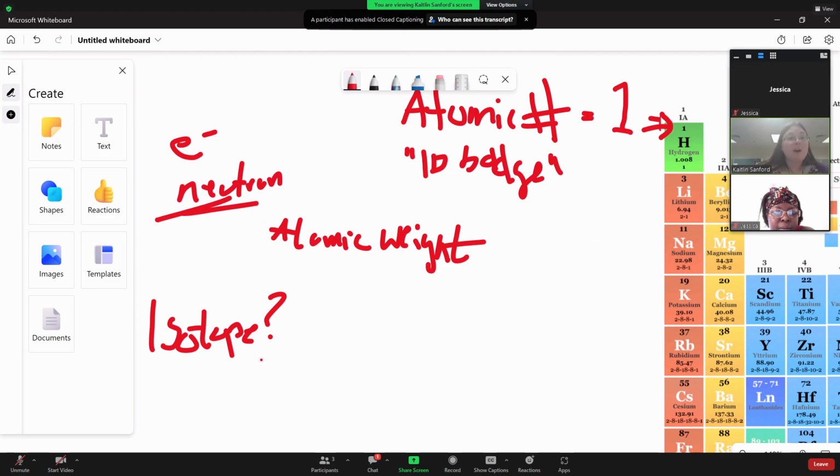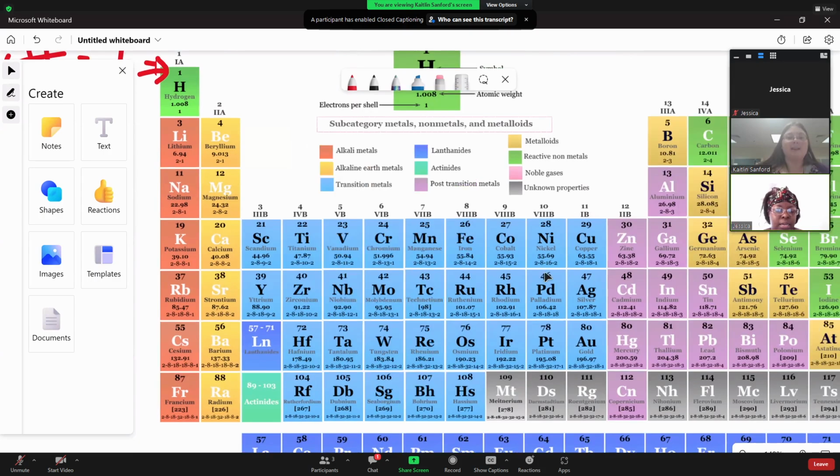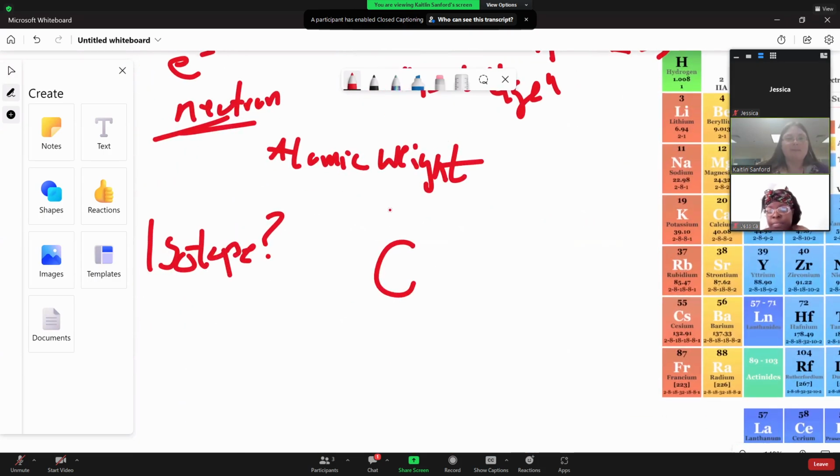Okay. So, let's look at carbon. What's carbon's atomic number? 6. Very good, yes. So that means carbon has how many protons?